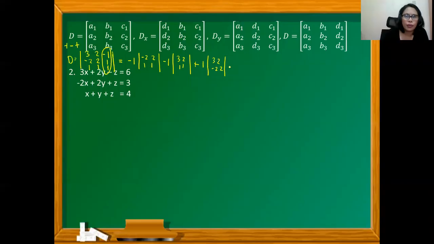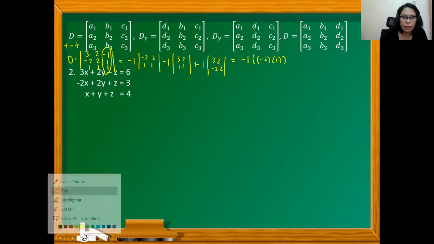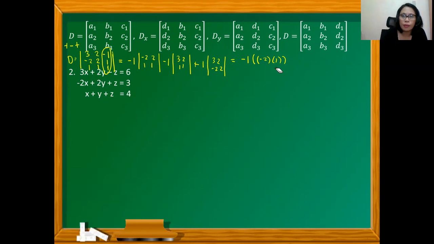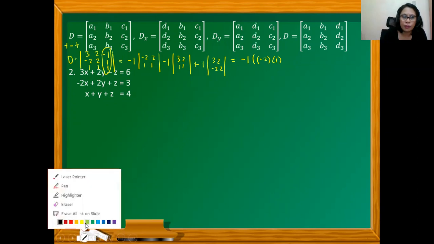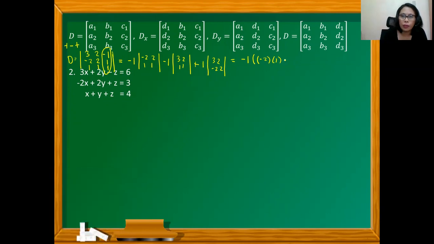Okay. So let's simplify this. So this is now equal to negative 1 quantity, negative 2 times 1 minus the product of 2 and 1.